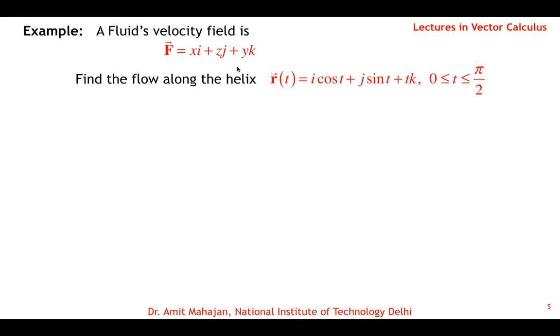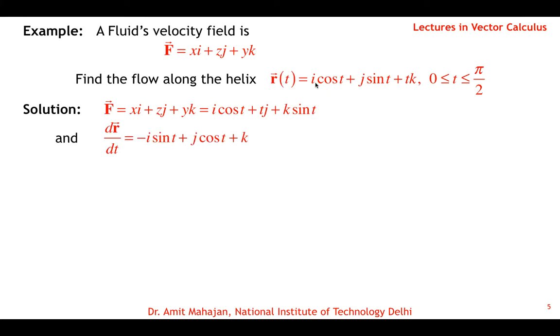I can substitute that here to write this in parametric form, so the vector field can be written as a function of t. x is cos t, y is sin t, so this quantity with k is sin t, and z is t, so this becomes tj. And dr/dt we can calculate by taking the derivative with respect to t: minus sin t i plus cos t j plus k.